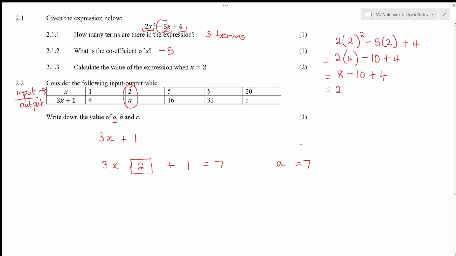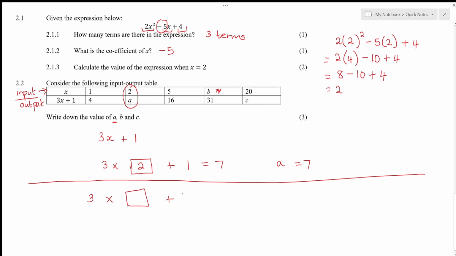Now if you look at b, I will write it in a different color. Let me just draw a line so that we look at the next one. So the next one here is I'm looking for b. So if I'm looking for b, I'm basically going to say 3 times what? Because 3 times x plus 1 is equal to 31.